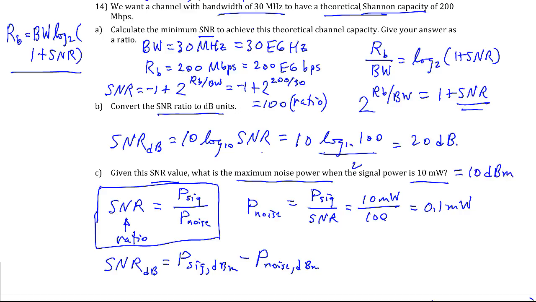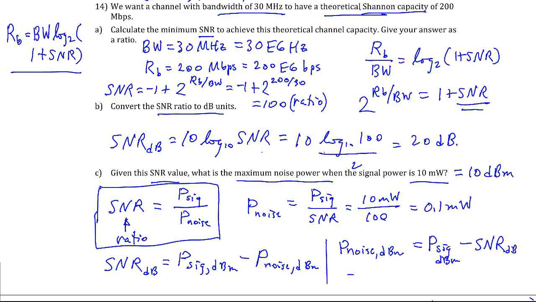If we want to solve for the noise power, P noise in dBm is the power of the signal in dBm minus the SNR in dB.